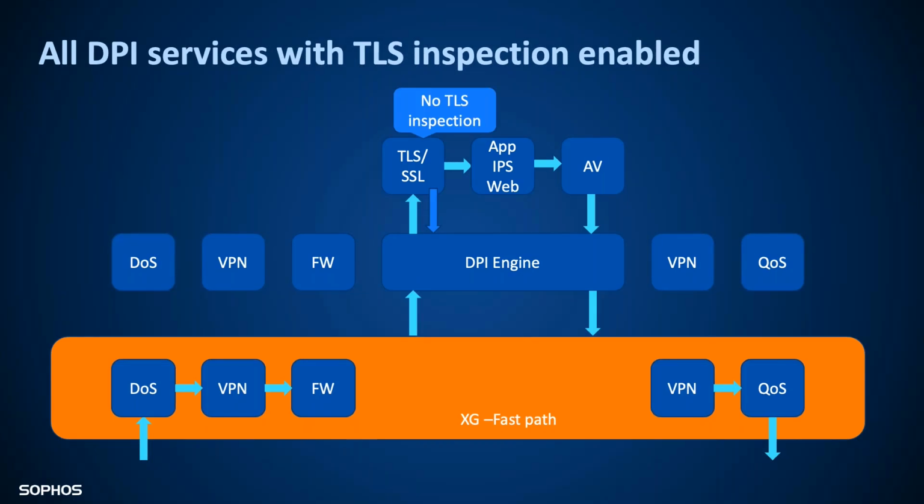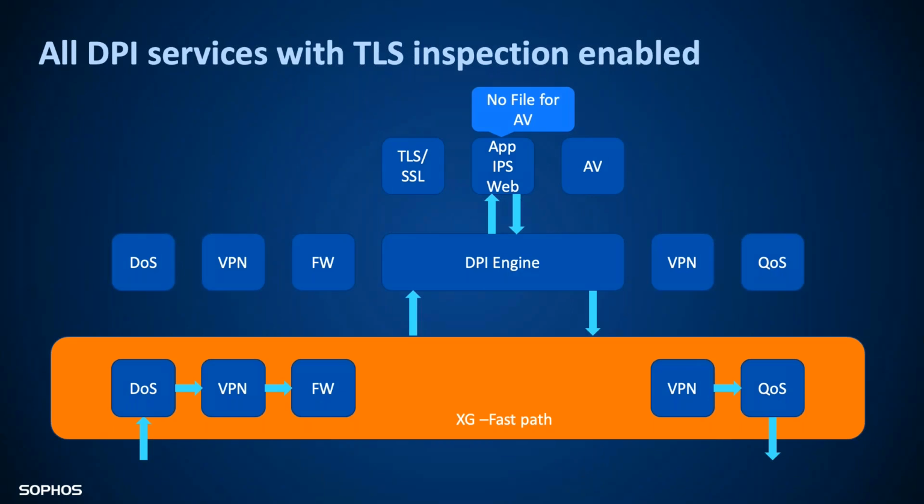So if the connection doesn't consist of TLS, the app is identified, and there's no file in the AV to scan, the traffic will be completely offloaded to the FastPath in the next stage. With no TLS, no application identified, and no AV to scan, the DPI engine will be completely out of the picture.